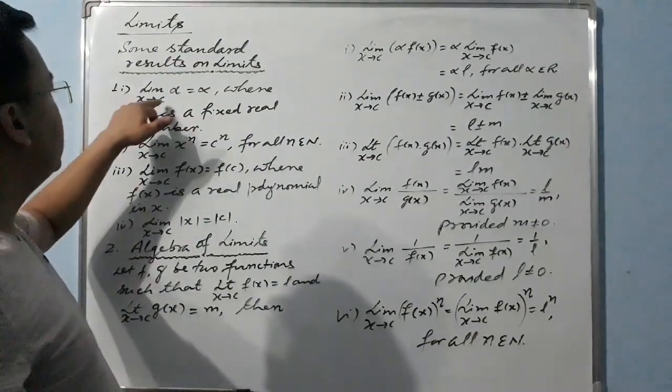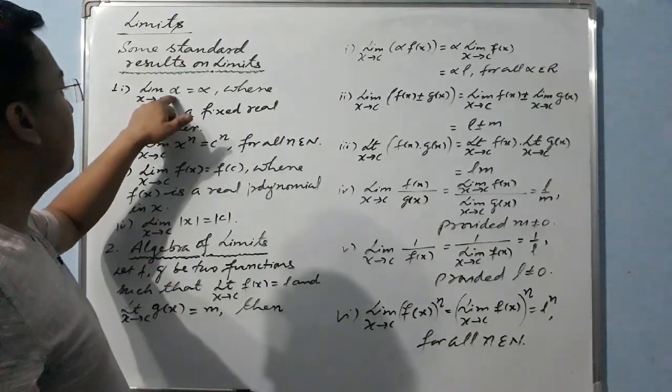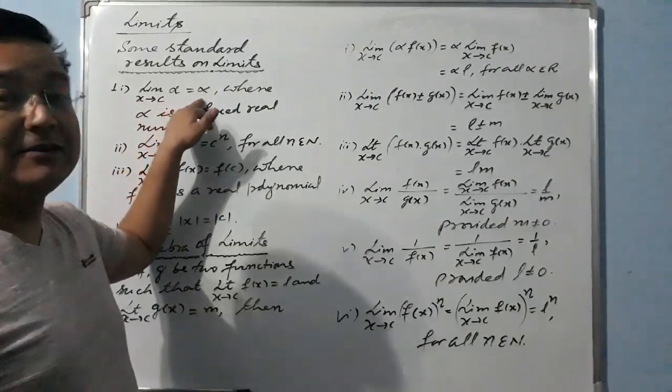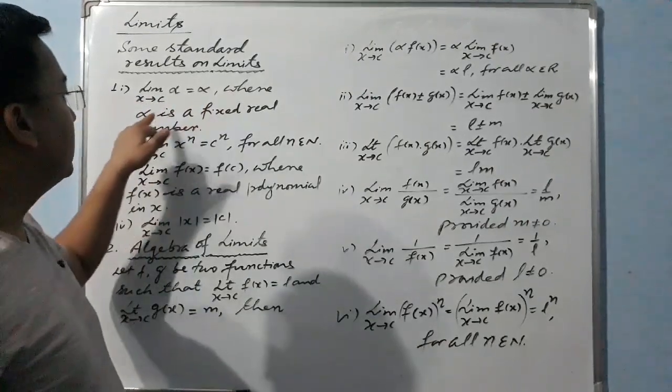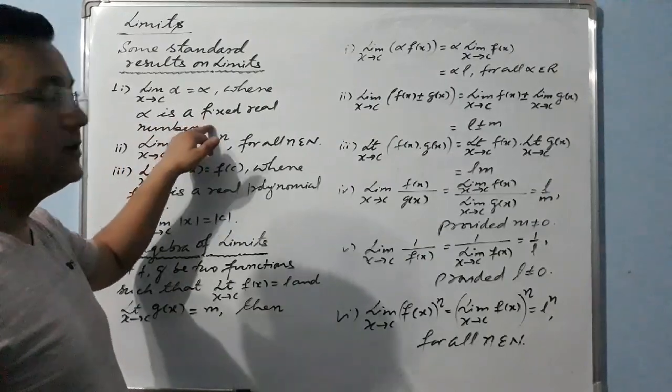First one: limit of alpha as x tends to c is equal to alpha, where alpha is a fixed real number.